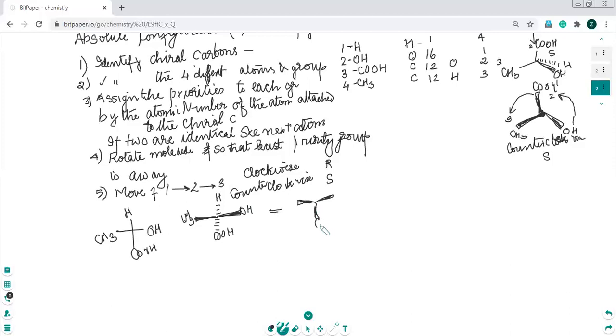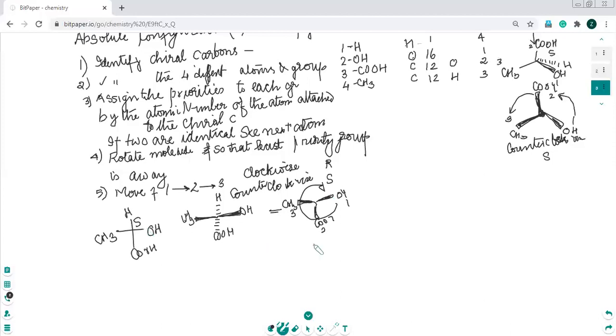COOH, OH. Okay, now assign priority 1, 2, and 3. Again, this also is S. Okay, so this is H. This molecule is having S configuration.